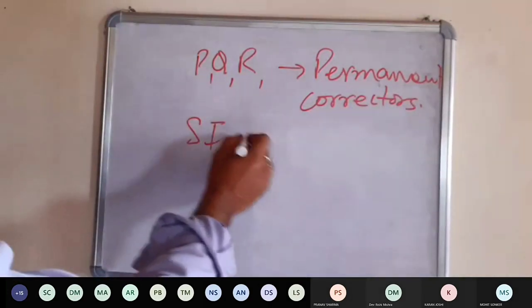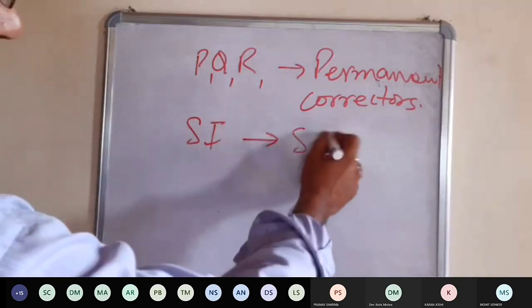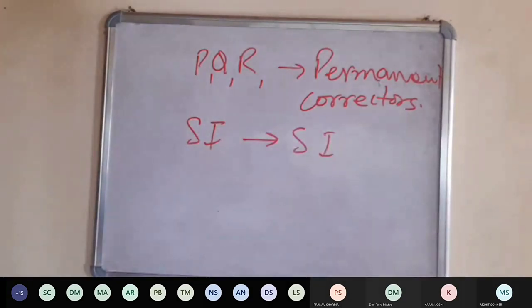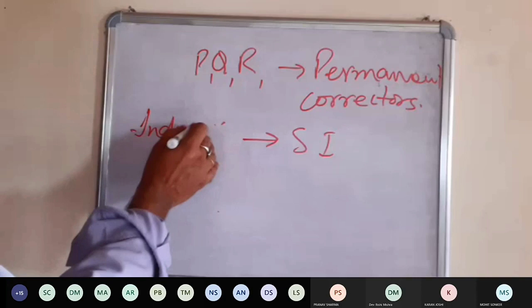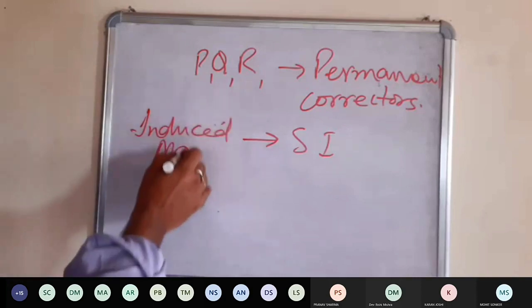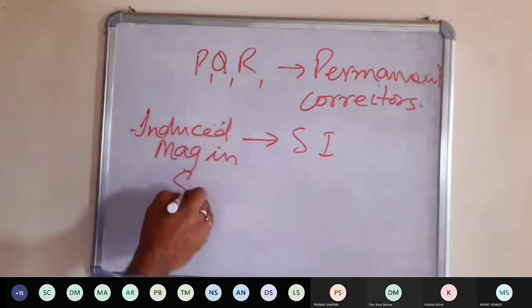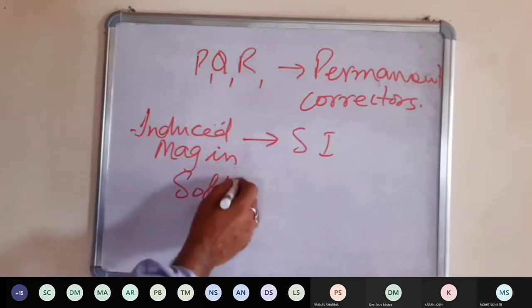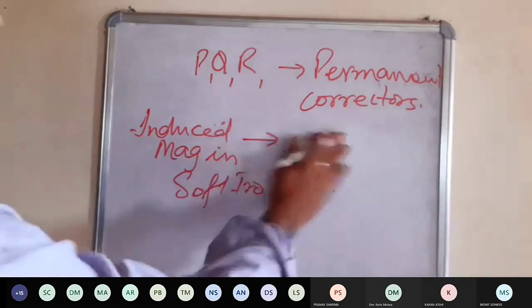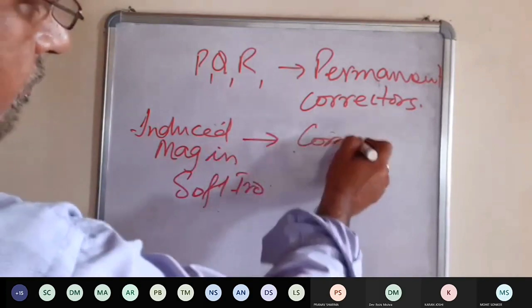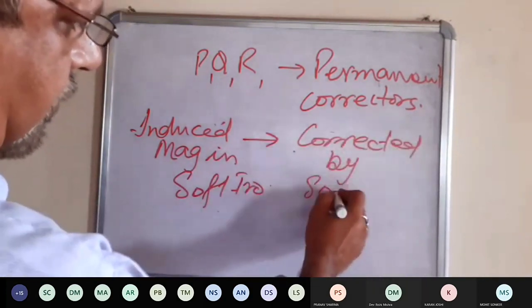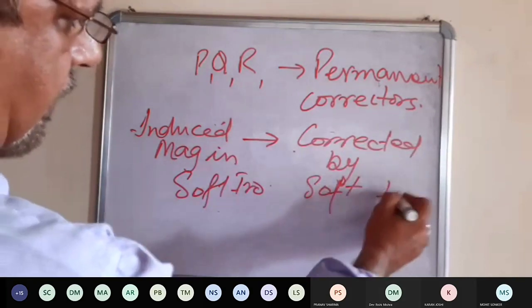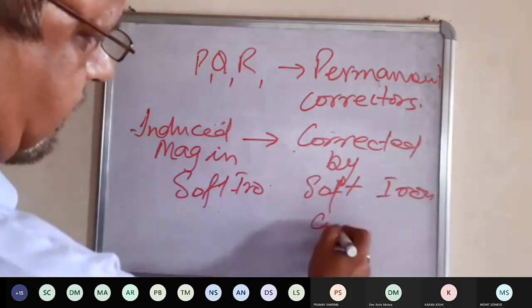Soft iron, or induced magnetism in soft iron, corrected by soft iron only.